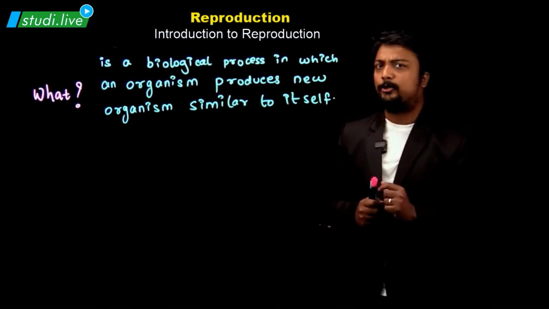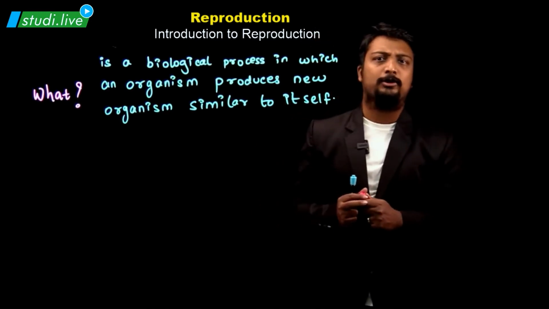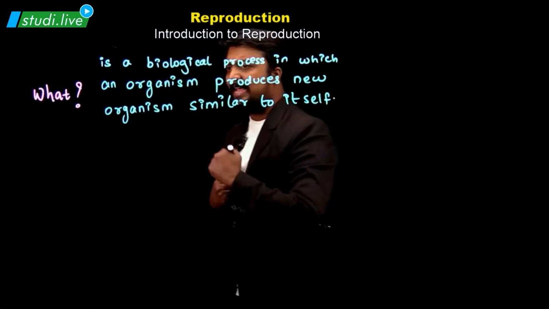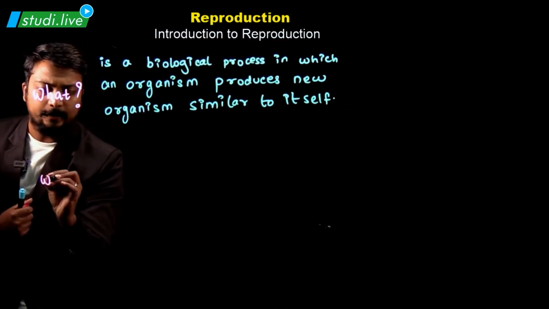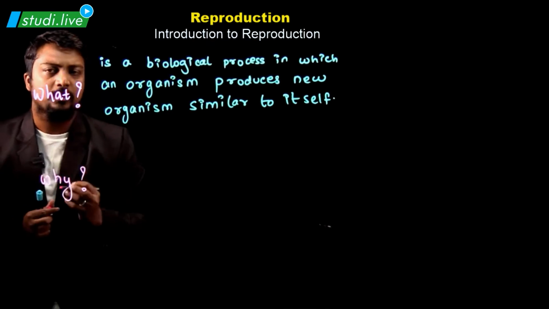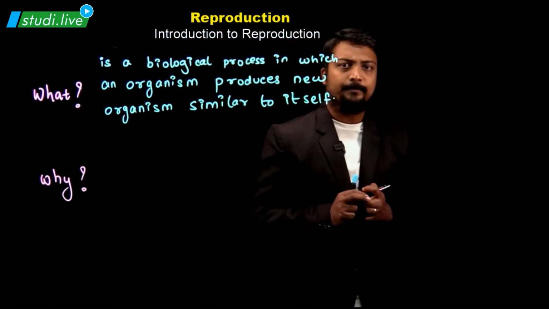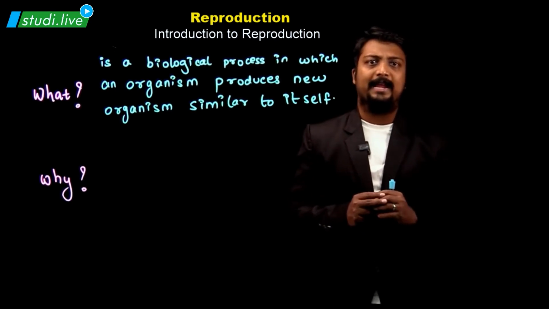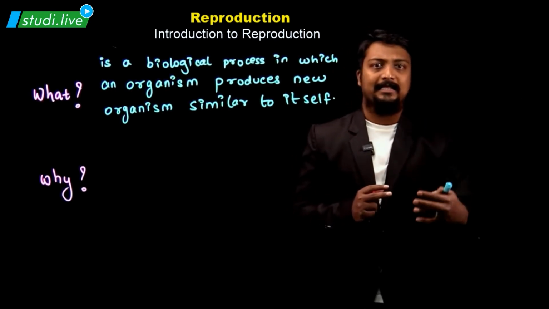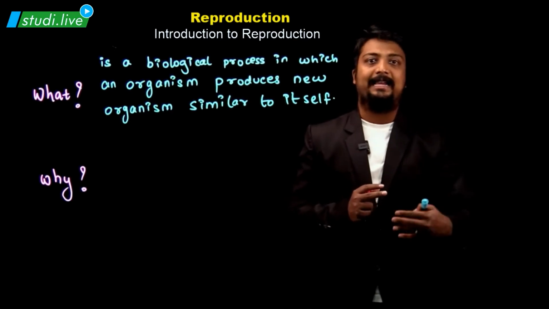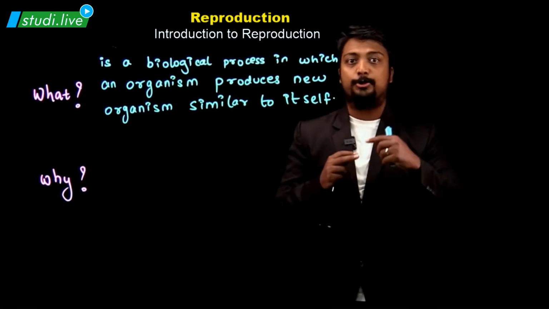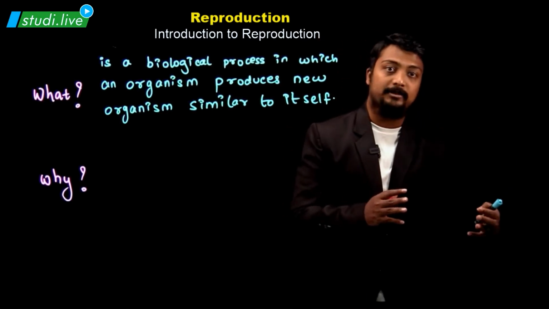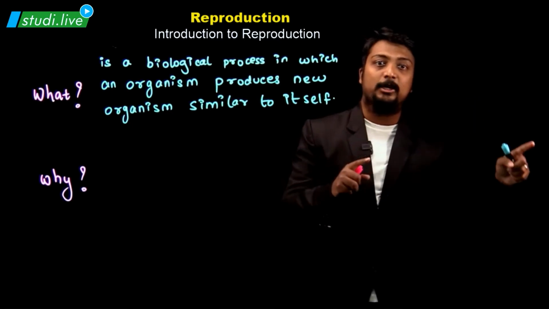Now the next question you should ask is, why do we have reproduction? Why is it important? So the next question is, why? When I say why do you require reproduction, what does reproduction do? It produces new organisms of the same species again and again, right? Those organisms again keep producing more organisms. That means they keep the cycle going.